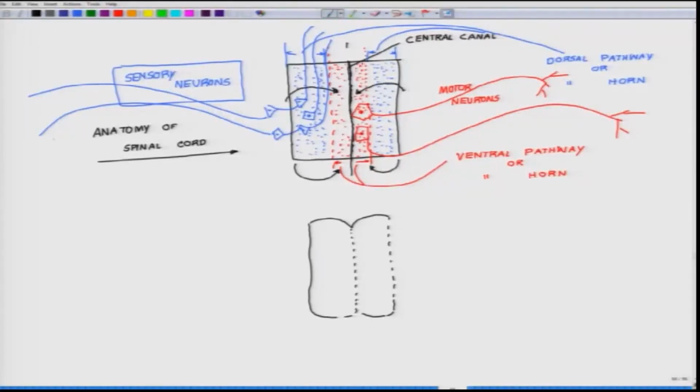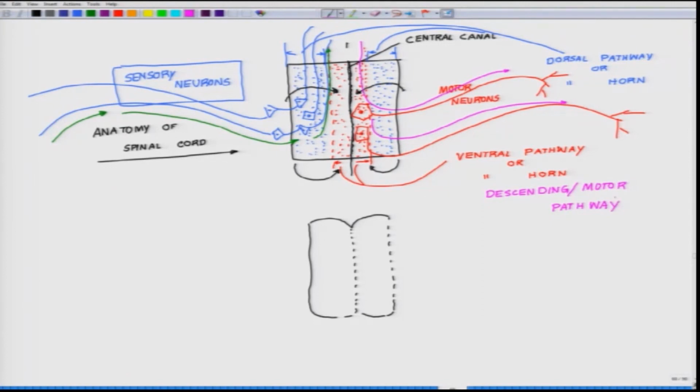So, here the information is coming like this, from all over moving to the spinal cord and just getting carried to the brain, or at times I will come to this, just give me a minute, whereas the processed information from this spinal cord or from the brain is moved out like this as if it is coming down, and that is why this is also called descending motor pathway.